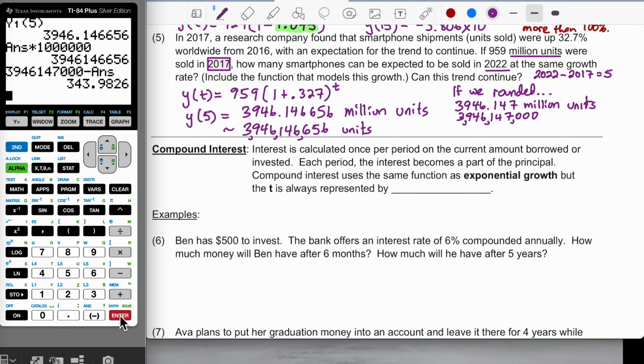And generally, what compound interest boils down to is you earn interest on the amount of money that you have invested over a period of time. And at the end of that period of time, that money is awarded to you. It's included in your account. And now you earn interest on not only the initial investment, the amount of money that you deposited initially, but the interest that you earned in the first period.